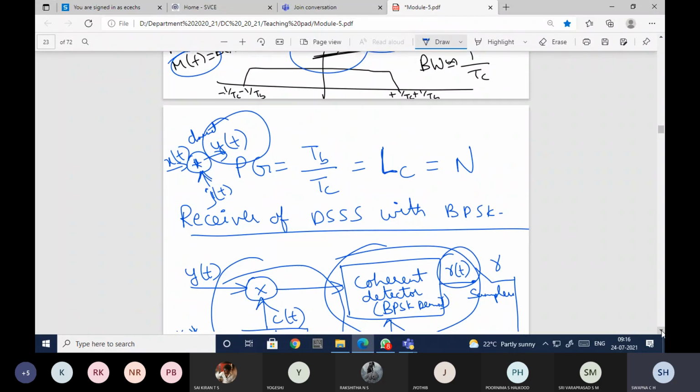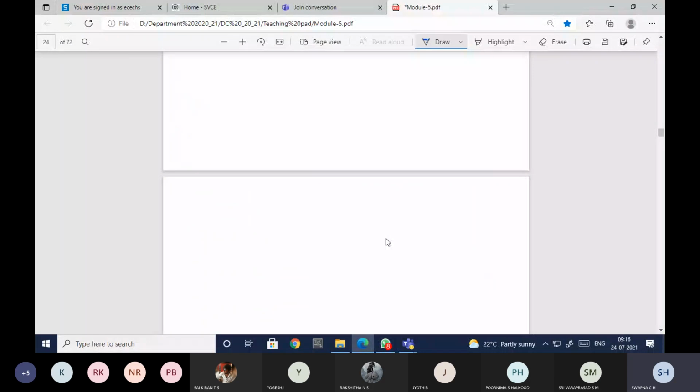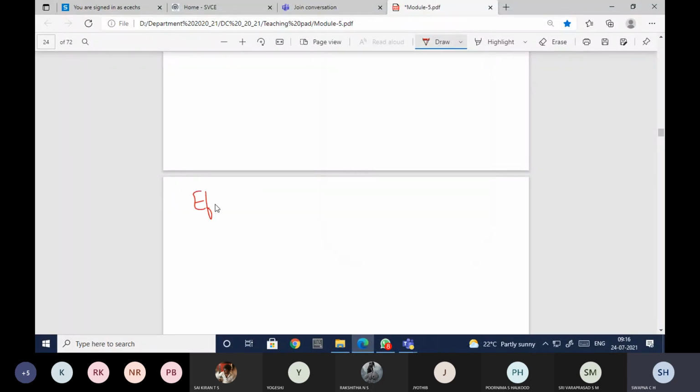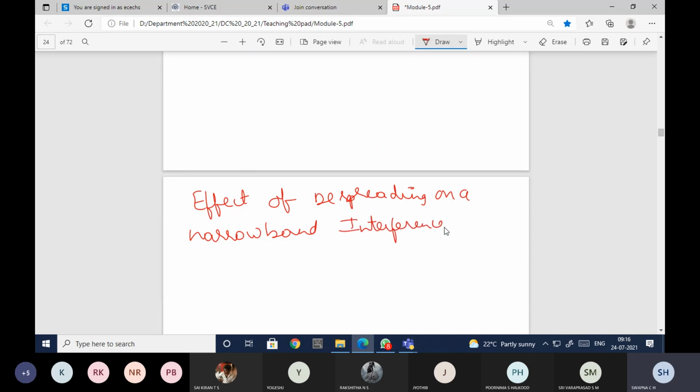So for that, let me take the heading as effect of despreading on a narrowband interference. This is one more important question.